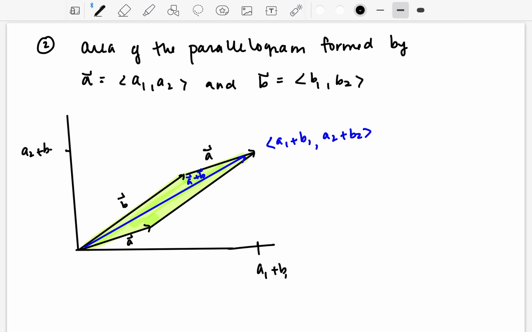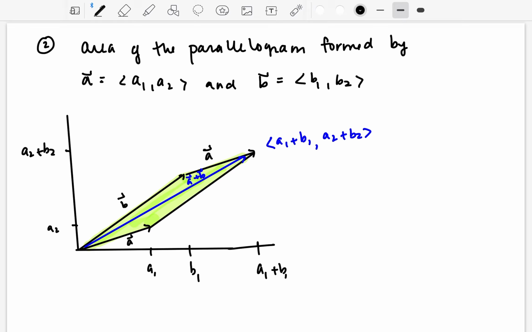What else do we know? Since this is the vector A with coordinates A1, A2, then this has to be A1 and this has to be A2. And the vector B with coordinates B1, B2, then this has to be B1.